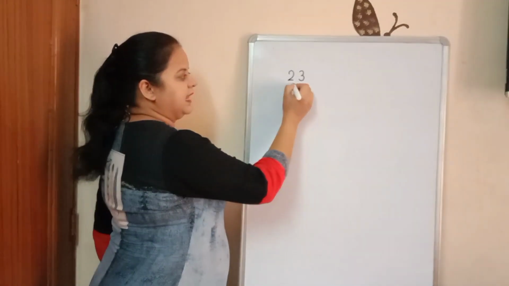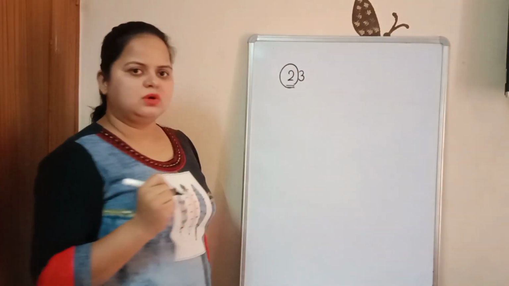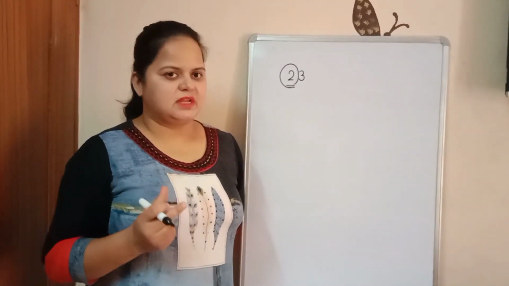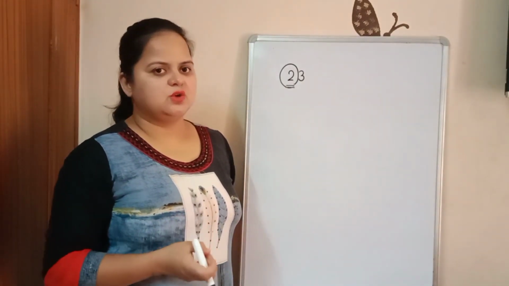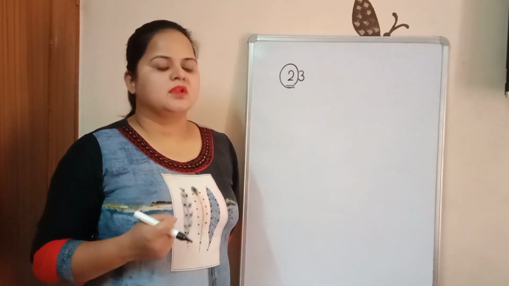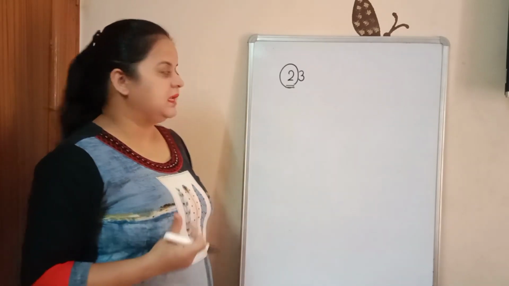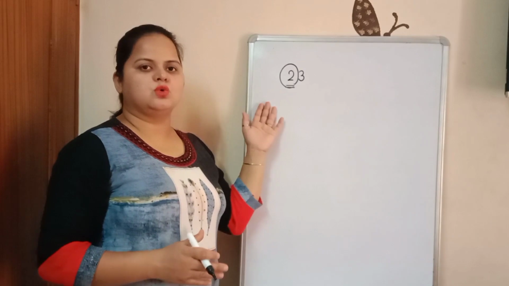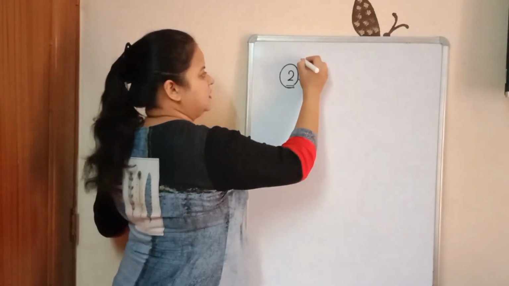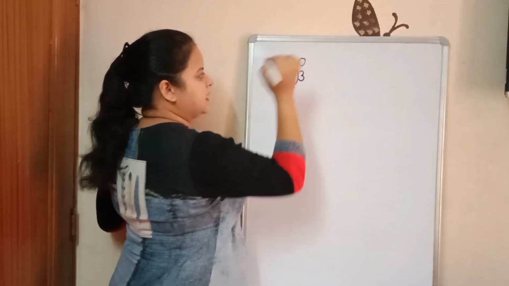So now tell me the place value of 2. Face value is the same: face value of 2 is 2, face value of 3 is 3. But now tell me the place value of 2. On which place is 2 written? See, ones, tens.